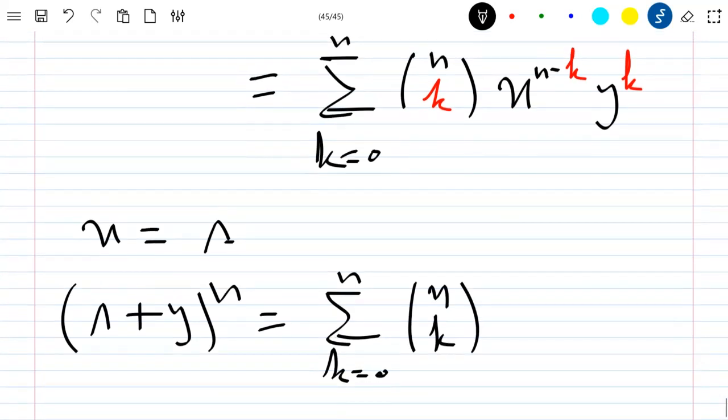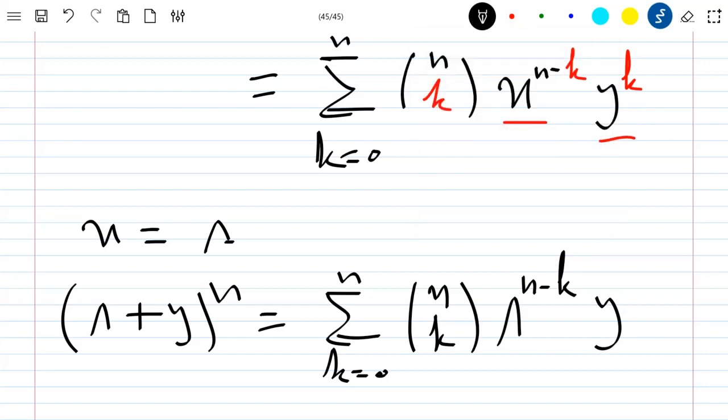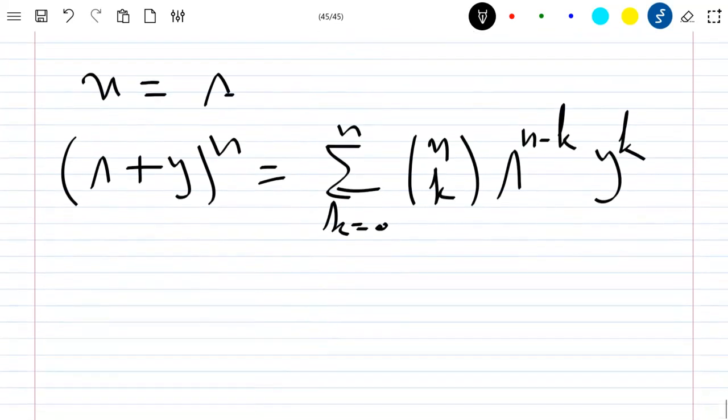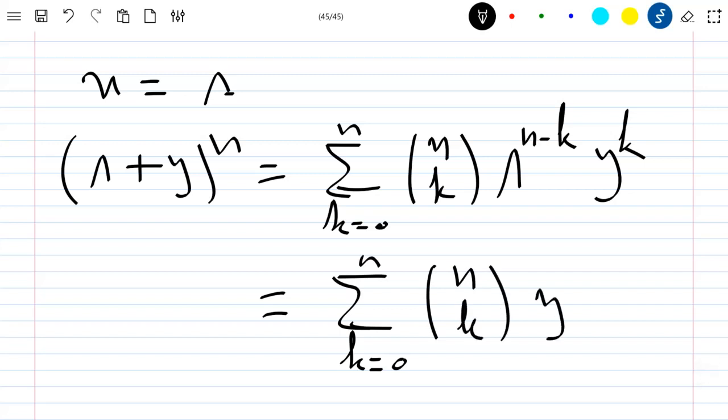Now we can see that this x here is equal to 1, so we'll have 1 power n minus k, and here this one will still be y power k, which is again the summation from 0 to n of n choose k, y power k.